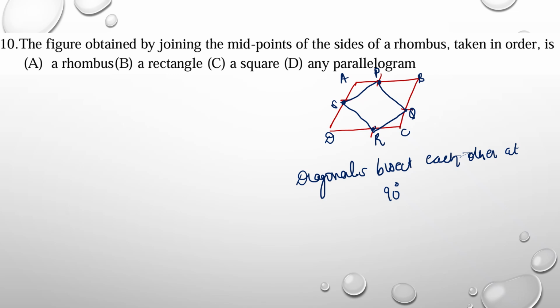So using midpoint theorem and perpendicular bisector property, we can say it is a rectangle. Rectangle में क्या होता है? Opposite sides are equal and if any one angle is 90 degree, then that parallelogram is a rectangle.